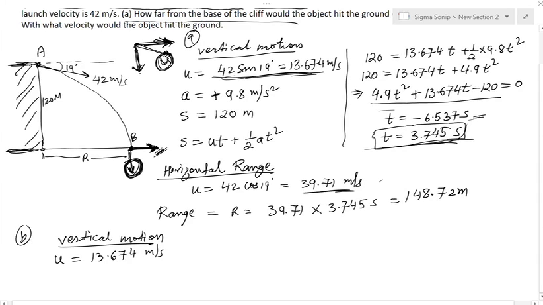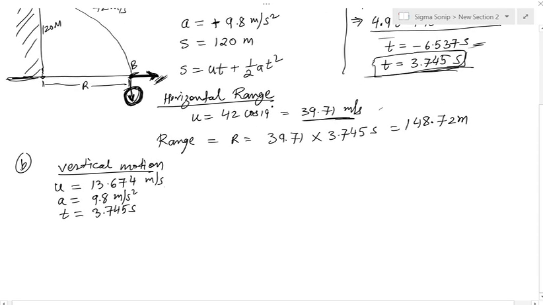Because this is vertically downward and my downward direction is positive, acceleration is 9.8 meters per second squared. And this time I know the time of flight: from A to B it took 3.745 seconds. All the time the object is in flight, it is accelerated vertically downward by 9.8 meters per second squared.